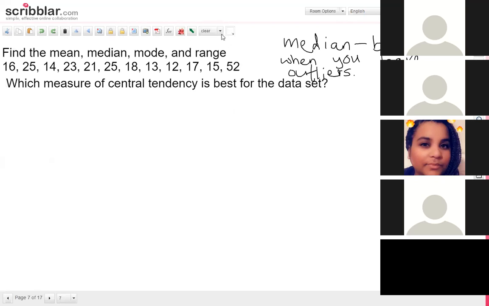Which number just doesn't look like it fits in? Good, 52. Most of the data is in the teens and the 20s, and then all of a sudden we get a 52 out of nowhere.